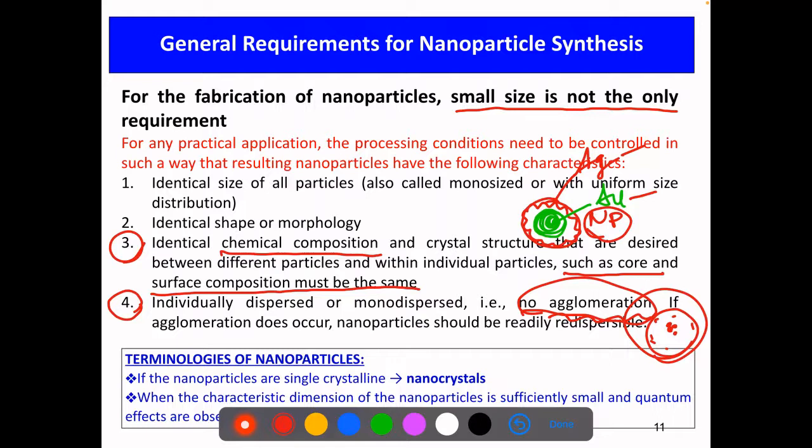It's not nanoparticle anymore. Okay, so you want these little nanoparticles to be dispersed. Okay, you like them to be redispersible. So there are ways to control the dispersion of what you're making in the lab, but it can create some headaches for you. Okay, so these are the 4 very important requirements that you need to consider as nanotechnology people.